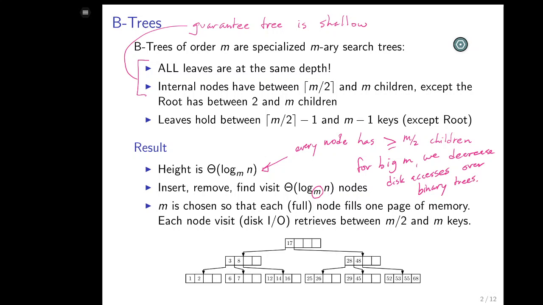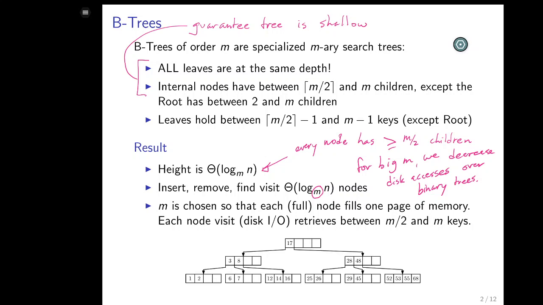We can't just choose m to be a bazillion, gazillion, trillion, because the size of a block of memory on the disk, the amount of information that we pull from a disk, is limited. And so we tailor m so that the information that we need in order to represent a node in this m-ary tree fits on a disk block, so that when we go out to disk, we page in an entire node.